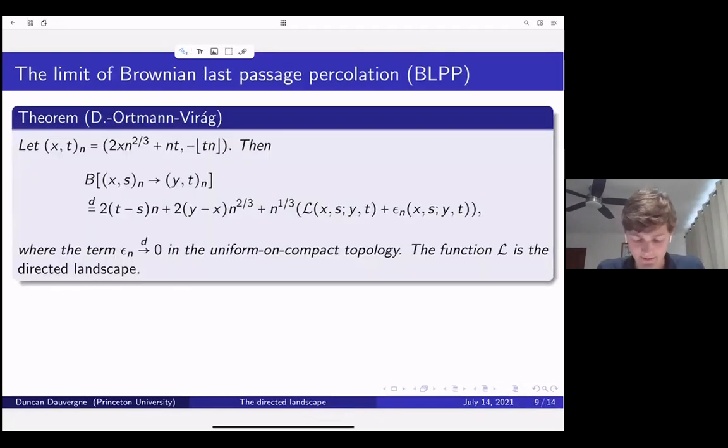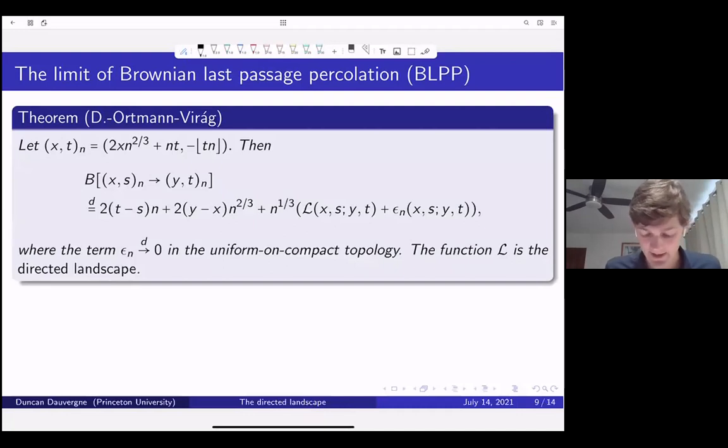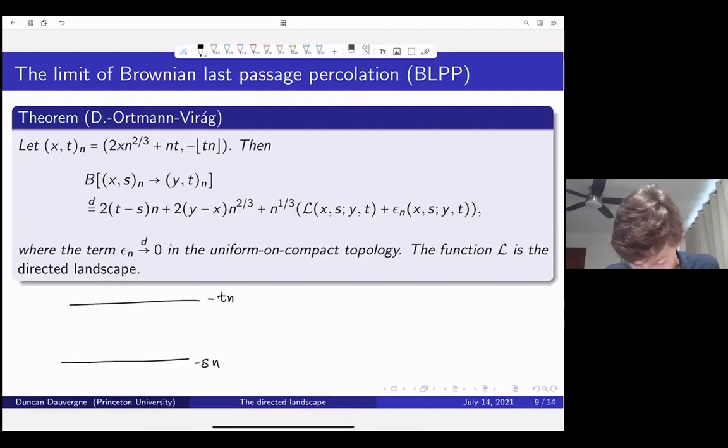Okay, so here's our theorem, which looks a lot like the heuristic I put up before. I have this scaling where I'm looking at lines which are order n apart. So I'm going from negative sn to negative tn. There's a sign flip here for technical reasons.